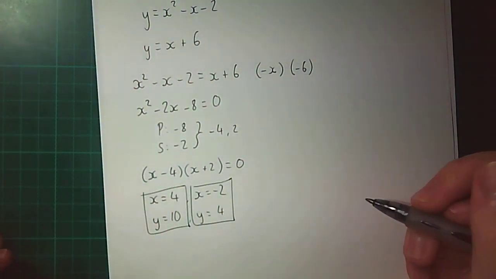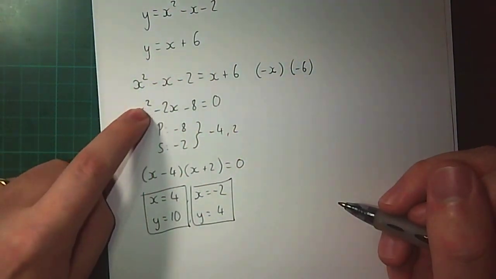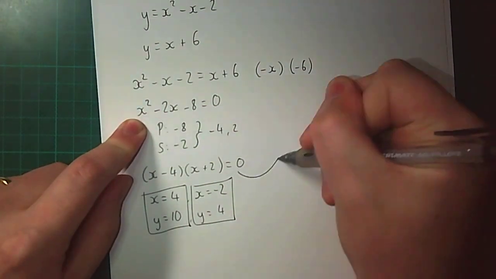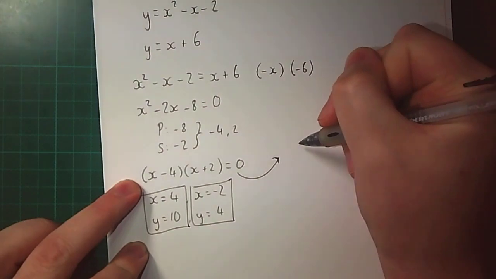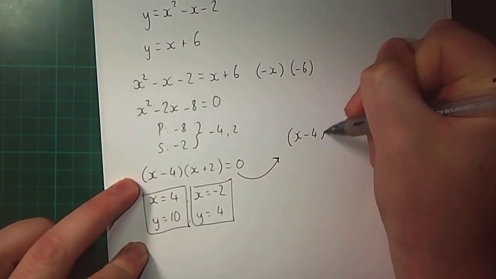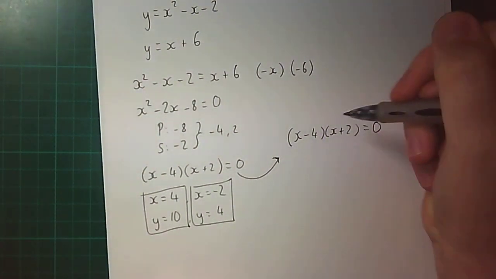Now, just a brief side note: how do we know that this is true? Well, if I expand it, I'm going to get this situation. We have x minus 4, x plus 2 equals 0, so I'm going to expand these brackets.